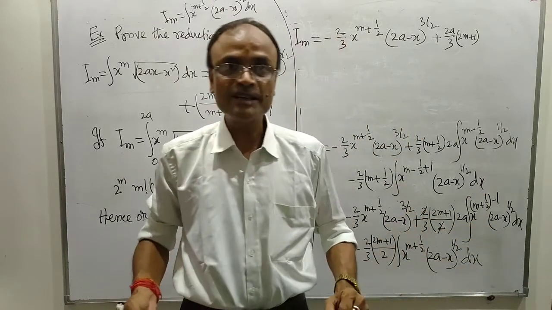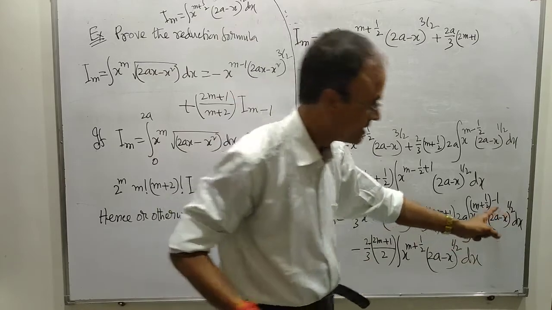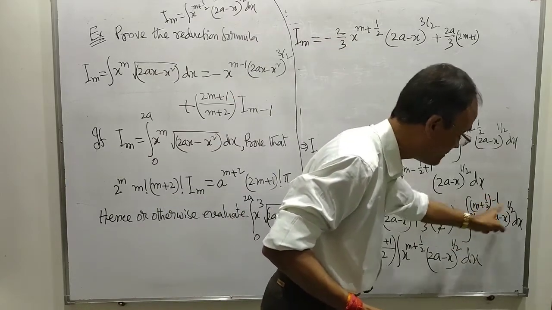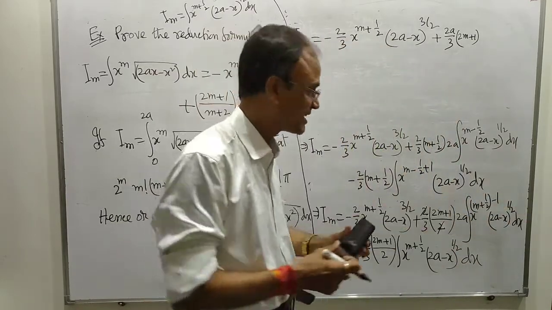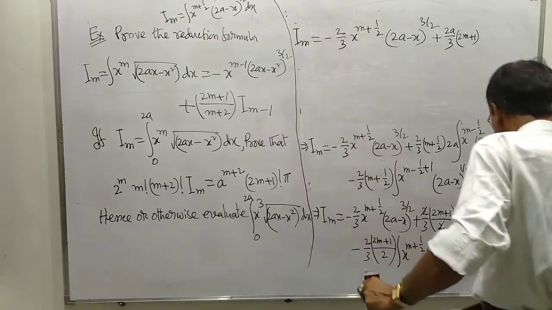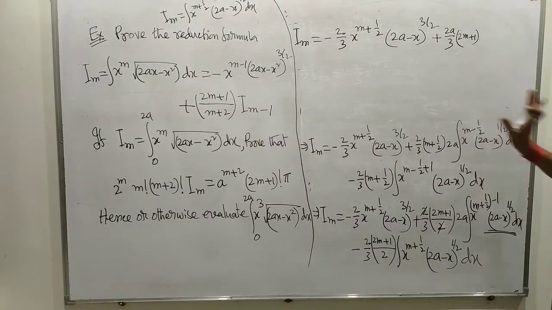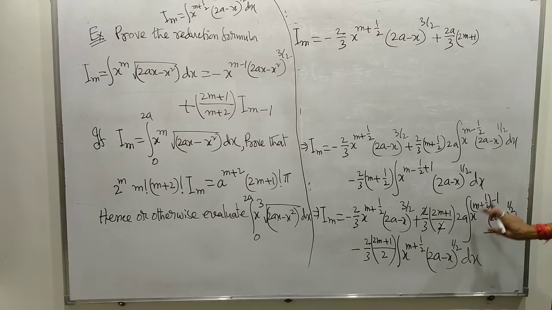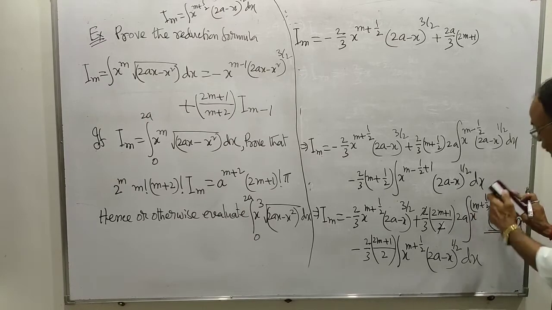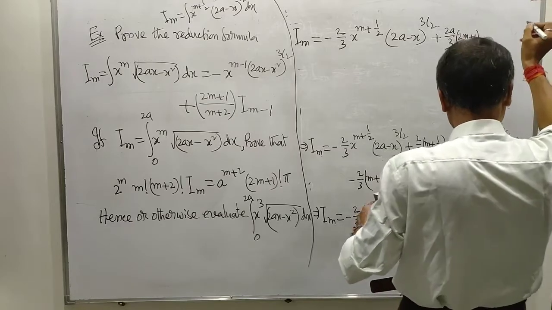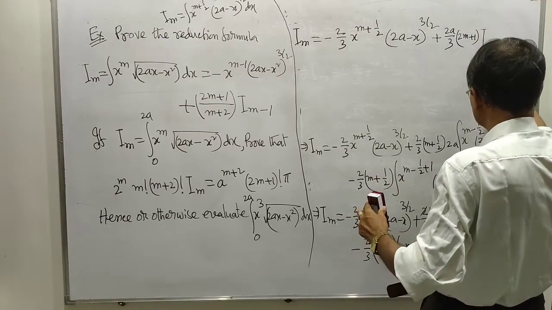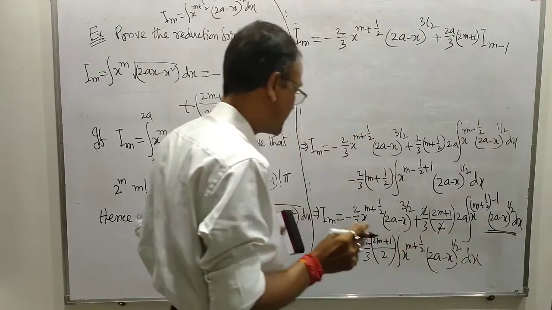Therefore, this can be denoted by what? This can be denoted by I_(m minus 1). This term remains unchanged. It is common. If it is x to the power m plus half, then we write it as I_m; with this minus 1, you may write I_(m minus 1).